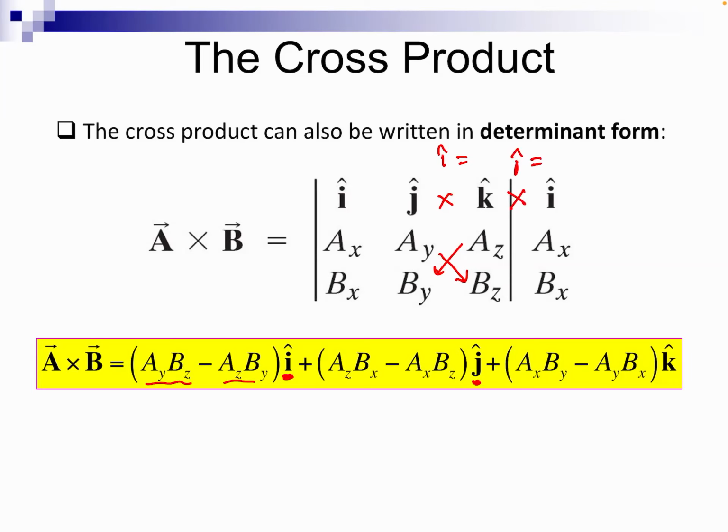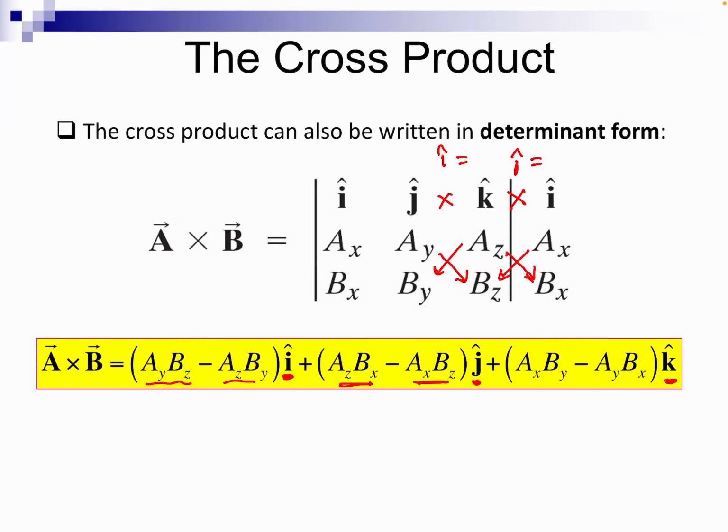To get it, you get the determinant of these two column vectors. So you go az times bx, that's that component there, minus ax times bz, that's that component there. That will give you the j hat component.